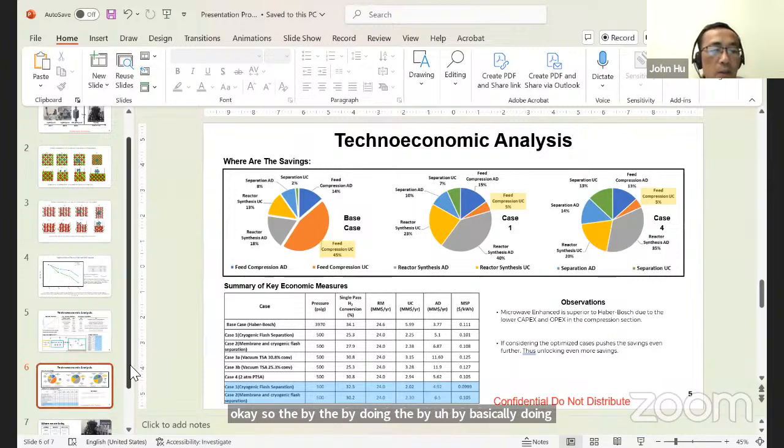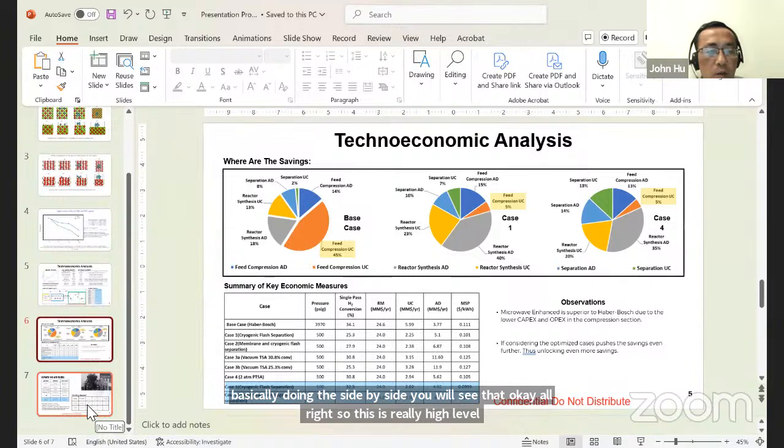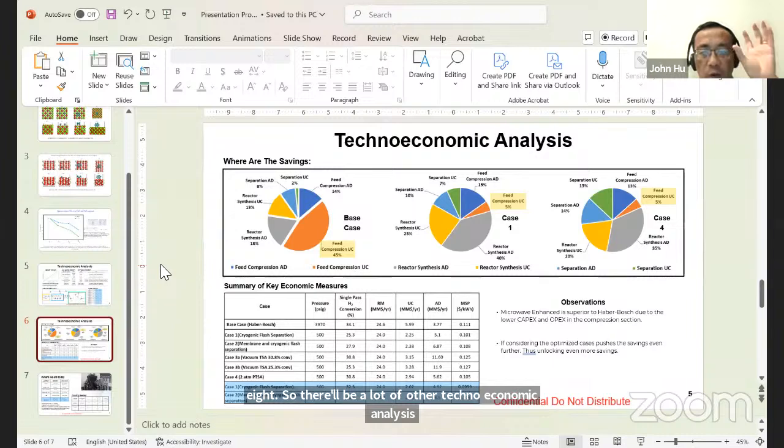Okay, all right. So this is really high level. I'm going to go through the next section. Any questions here on the economics? I promise you we will go through the detail on day 8. There will be a lot of technical economic analysis on how we build each individual unit operation.